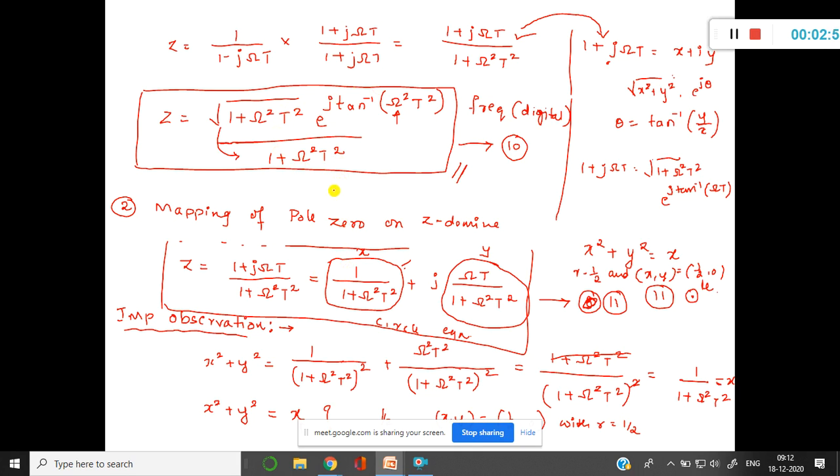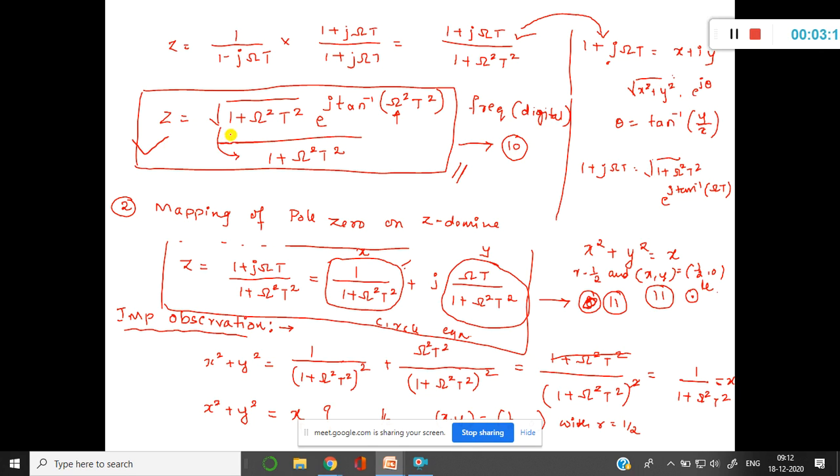And we also understood how to map a pole or zero onto the Z domain. Before that, we are supposed to make a very important observation, that whether this Z is going to fit within the unit circle or not.